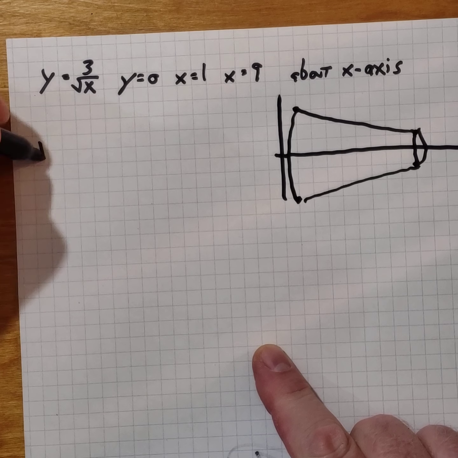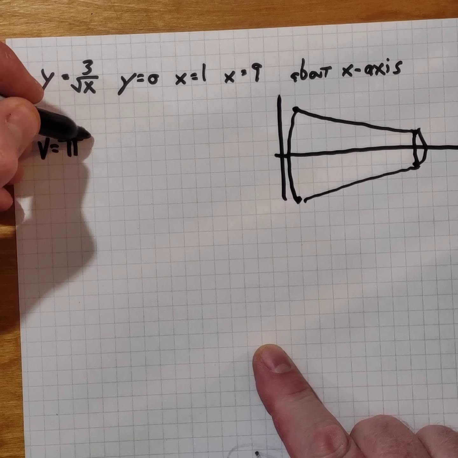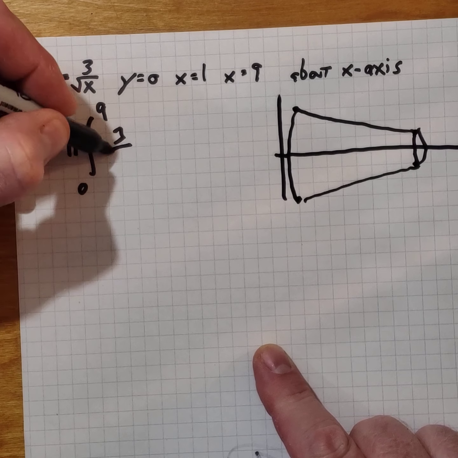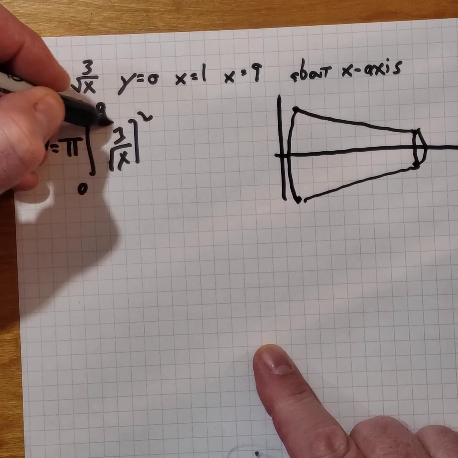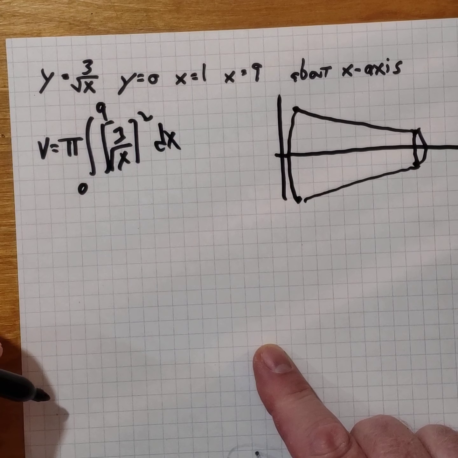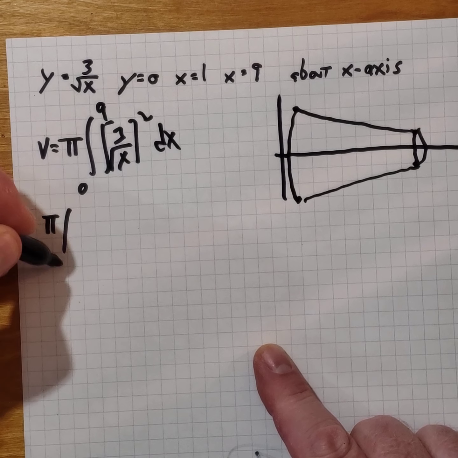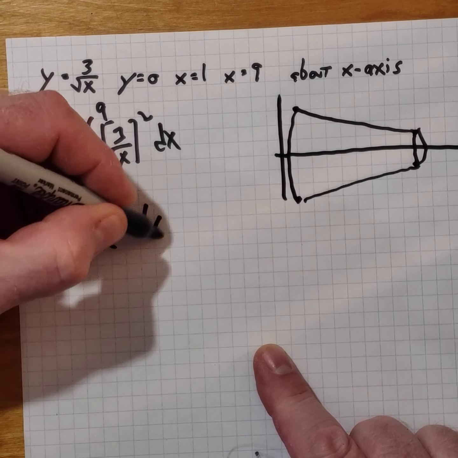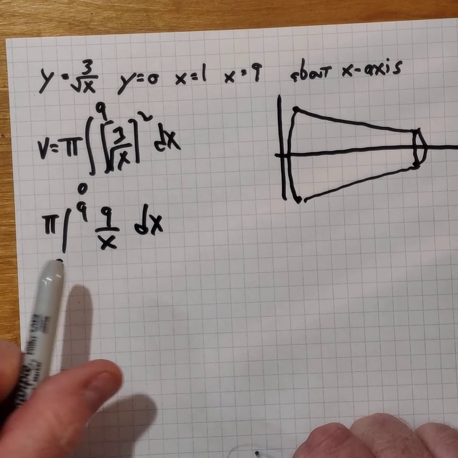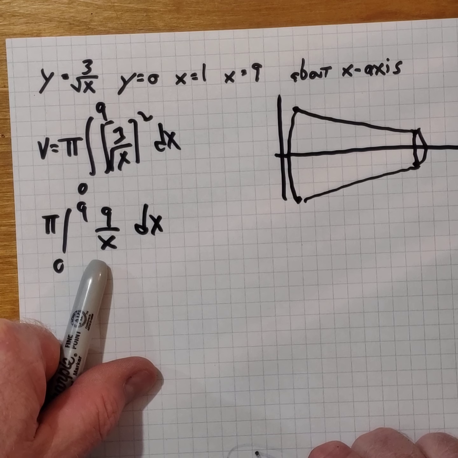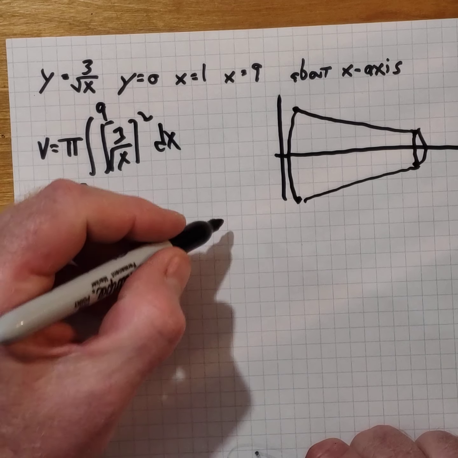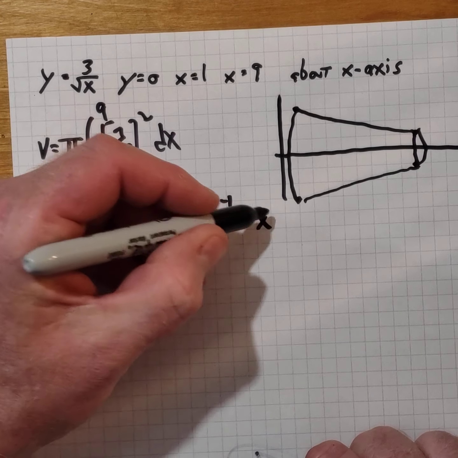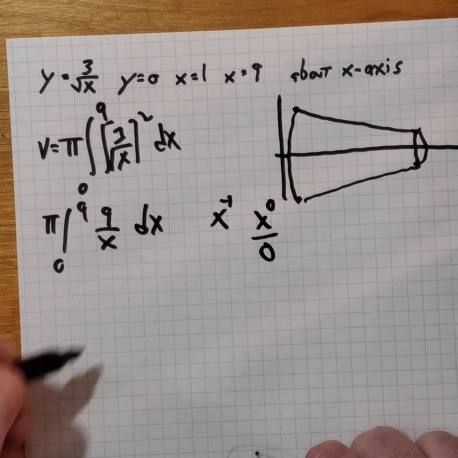And the volume of that is going to be pi times the integral from 0 to 9 of 3 over the square root of x squared dx. Or pi from 0 to 9, 9 over x dx. This is another one we can't do, right? This is x to the negative 1 power. If we were trying to do the integral of x to the negative 1 power, we'd increase the power by 1 and then divide by the new power.